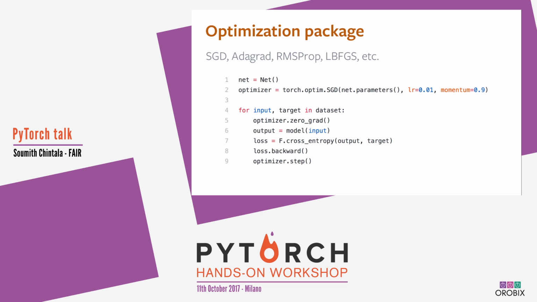And then what will happen is every variable that is registered as a parameter in your neural network will have a .data, which is just the current values of your weights, and then you'll have a .grad that will contain the gradients that you just computed with the backward.